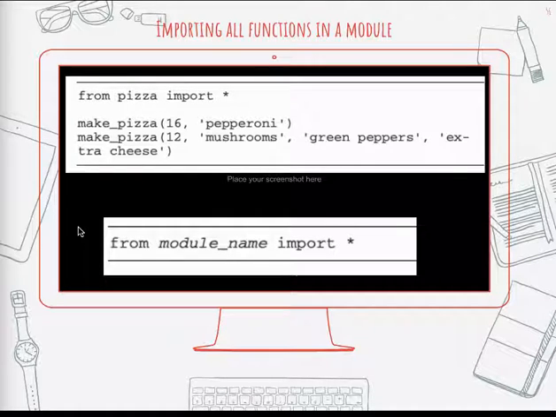From pizza, import star. Now we can makePizza because we've imported all of the modules. Note the difference. If we just imported pizza, we would have to write pizza.makePizza. But because we imported all of the modules, we can simply write makePizza.